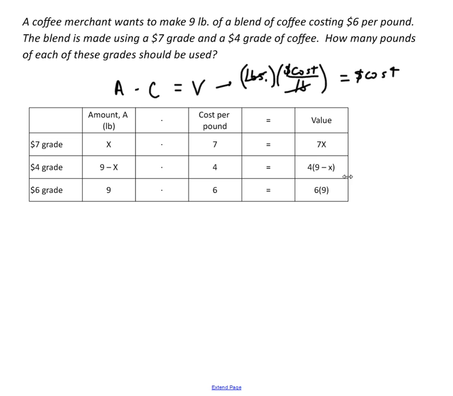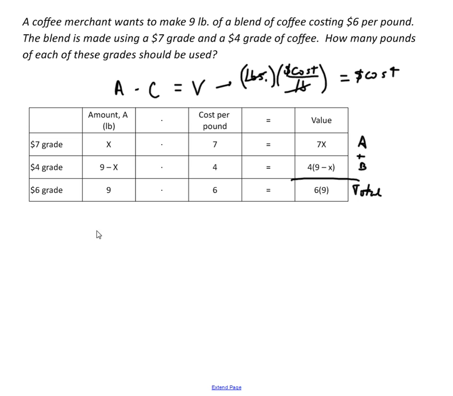So what do we do with all of these if we want to use this to solve our problem? Well, essentially, in this value column, the total cost of the mixture should be equal to everything that we're buying. Whatever the cost is for A plus whatever the cost is for B is going to give us our total cost, which should make sense.